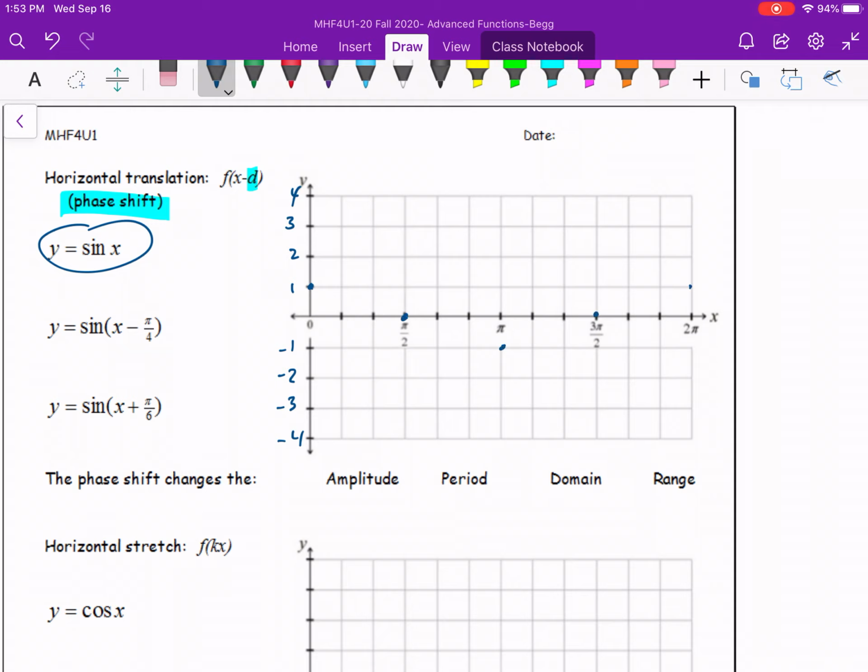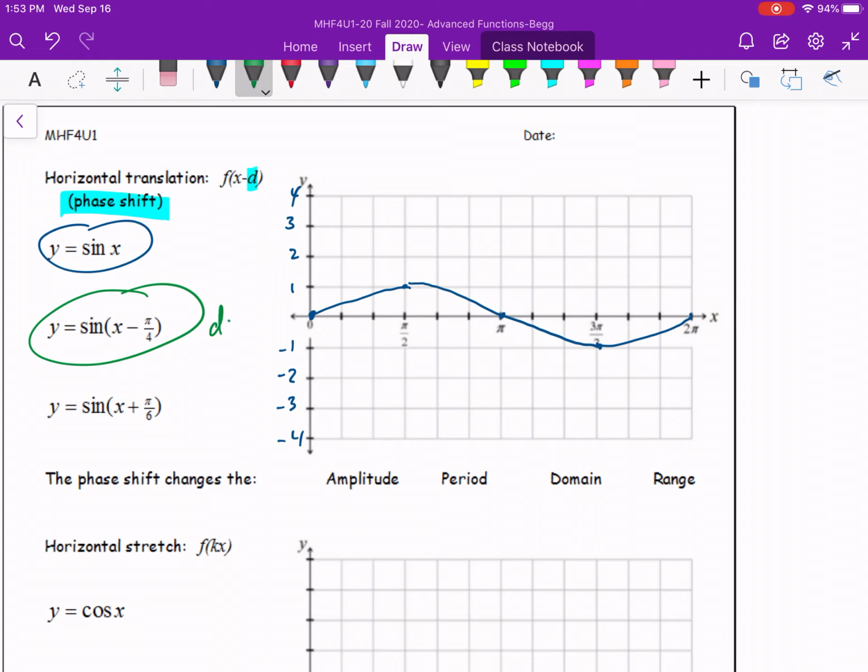Connect the dots. Oops, that's cosine though, isn't it? And back to sine. So I start at 0, 0. Okay, there's my parent function.